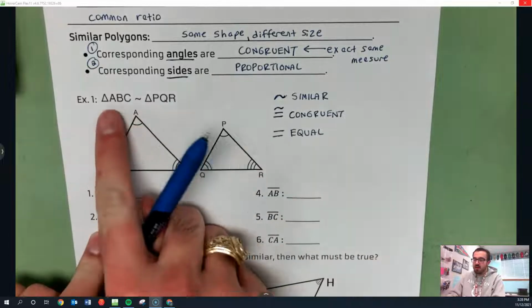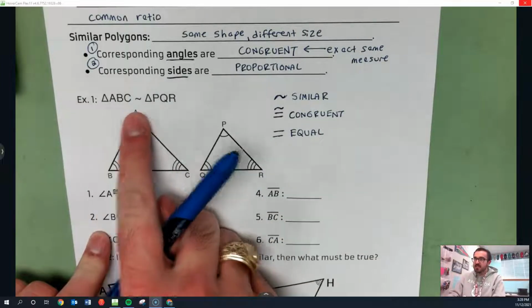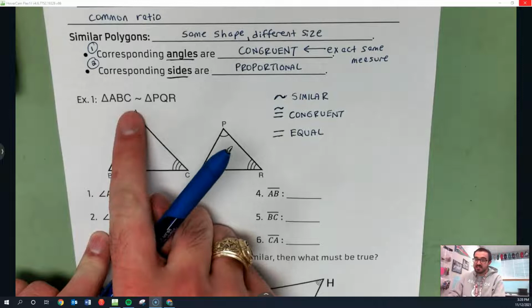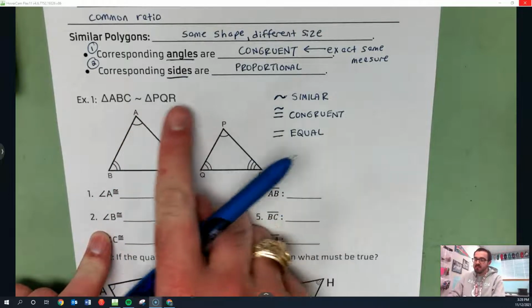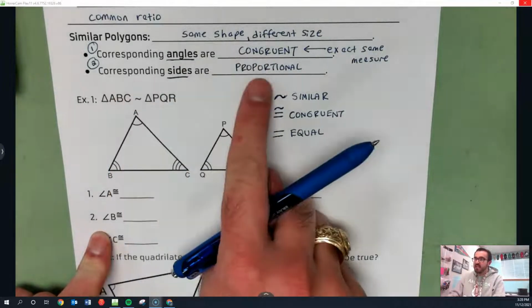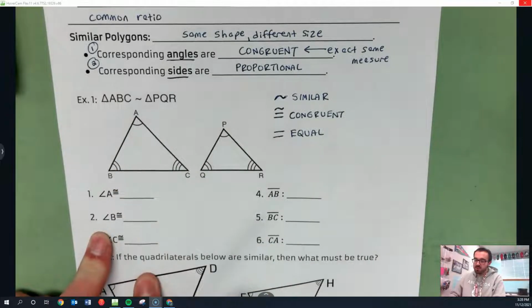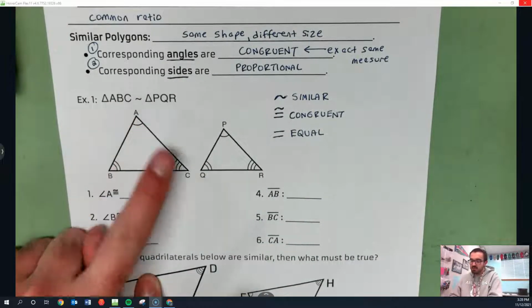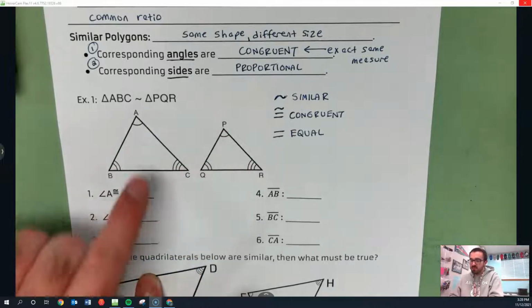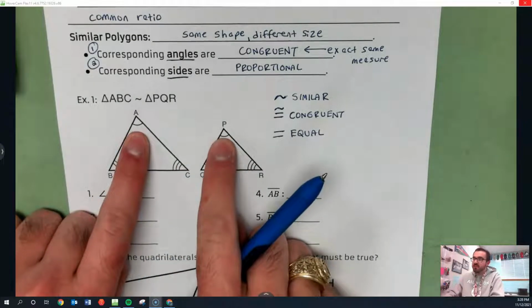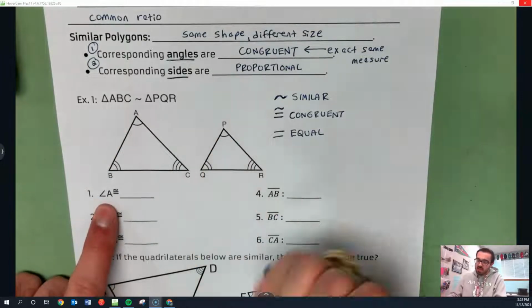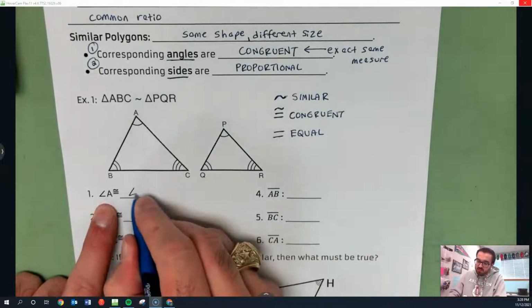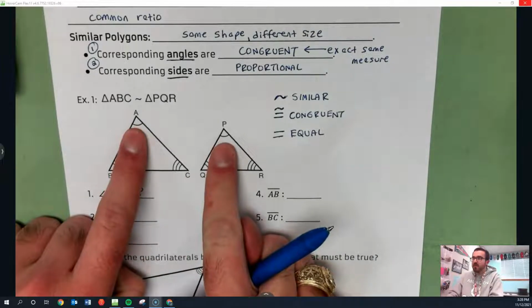All right. So triangle ABC is similar to triangle PQR. That means their angles are congruent, their sides proportional. So let's talk about which ones are which. If you look here, each of these triangles has angles represented by arc marks. This angle and this angle both have one arc mark, so angle A and angle P would be congruent.